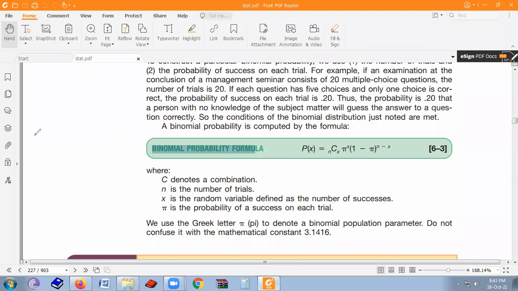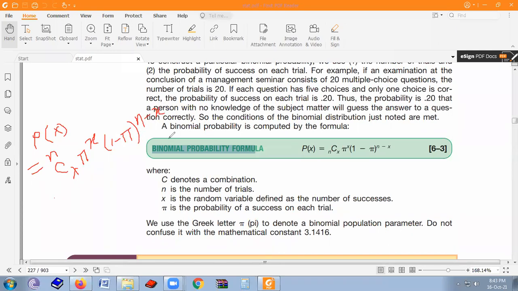Okay, so this is the formula. Probability of x equal to nCx by 2 to the power x and 1 minus by 2 to the power n minus x.